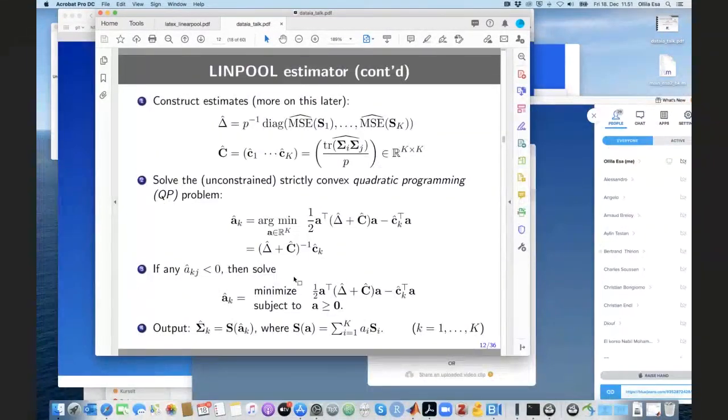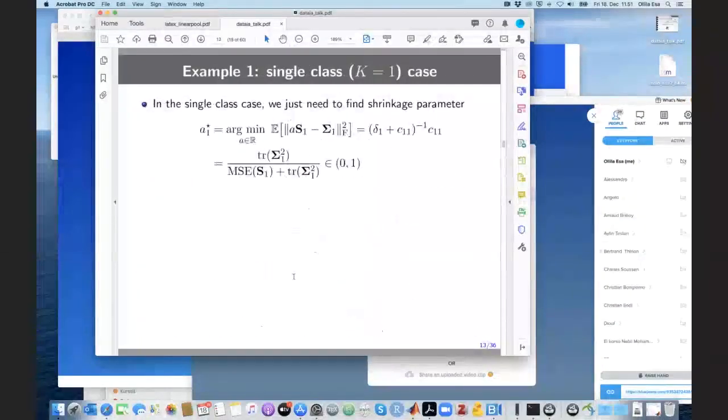Once we have those weights, we use them to build the linearly combined estimator of the sample covariance matrices, and we do that for each class, so for each k. That is, very simply, the method that we use to estimate the covariance matrix of each class. And I think it's useful to look at very special cases.